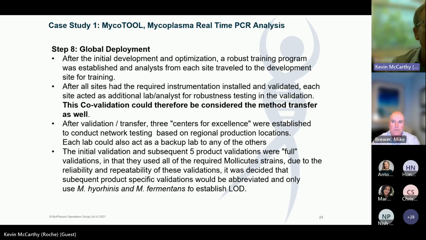The initial validation and subsequent 5 product validations were full validations, which used all of the molecular strains identified previously. Due to the reliability and repeatability of the validations, however, we decided to make subsequent product validations abbreviated, such that they only employed Mycoplasma hyorhinis and Mycoplasma fermentans to establish the LOD.